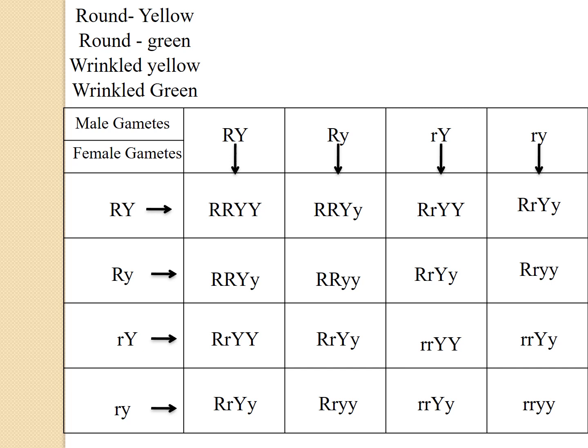I repeat, round yellow, both are dominant. So anywhere in the 16 boxes, if you find a box that has a capital R and a capital Y, you can say the plant is going to be round yellow.